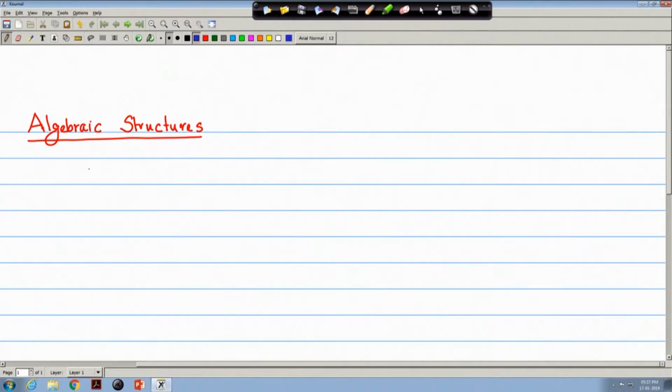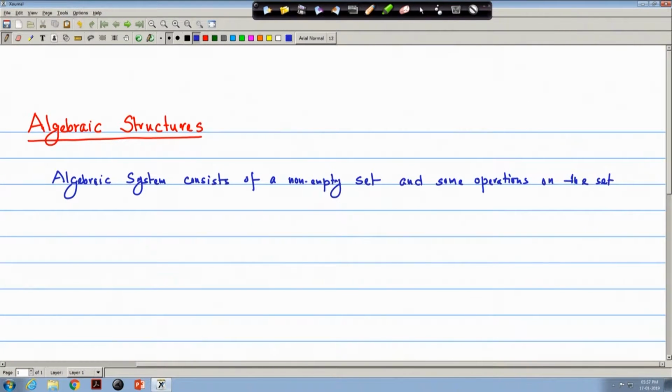An algebraic system consists of a set, or rather a non-empty set, and some operations on the set, and they hold some properties.